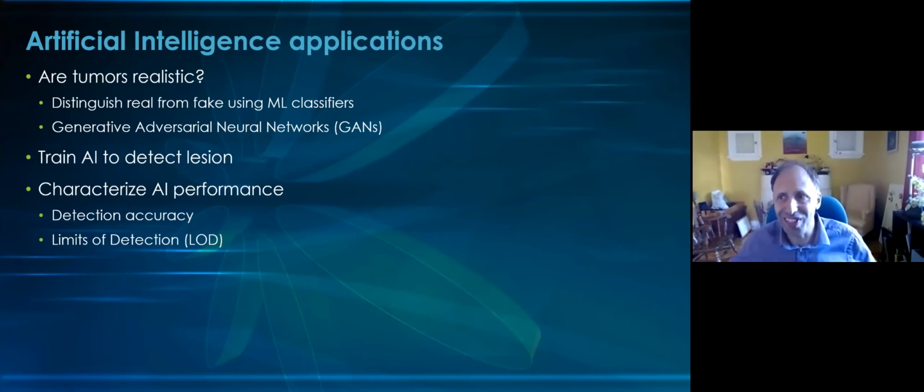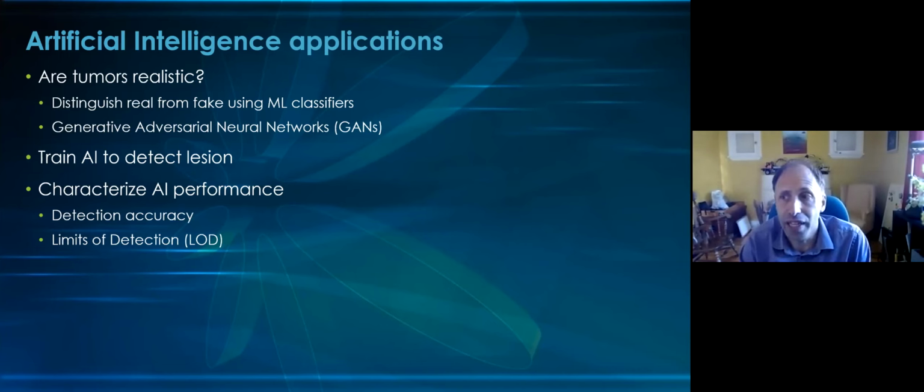Everybody's doing artificial intelligence these days, it seems. We're no different. And so a particular application we'll be looking at very soon is creating realistic lesions. So we want to use AI in order to distinguish real lesions from artificial lesions, and if it cannot do that, that'll be evidence that they look realistic. And we could expand that to using generative adversarial neural networks as a way to define what these lesions look like in the first place.